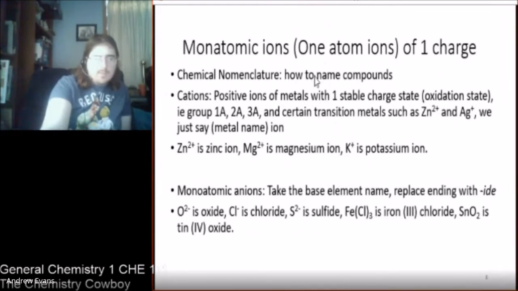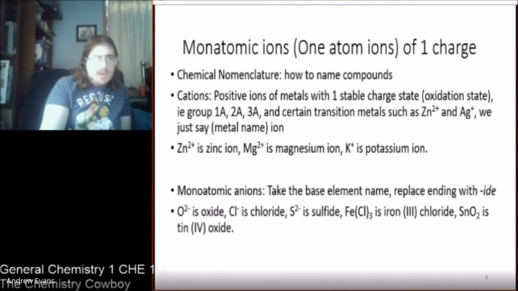So how do we name monoatomic ions of one charge? So the positive ions with the one stable oxidation state, one stable charge state, and there's a couple transition metals. We will just name these guys by saying the name.